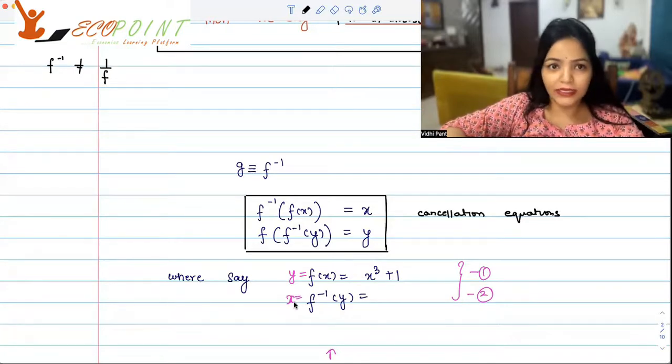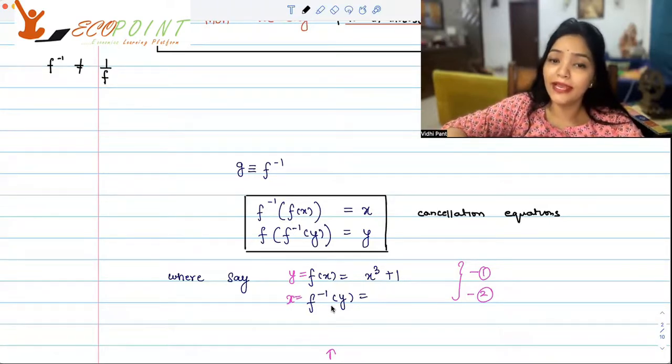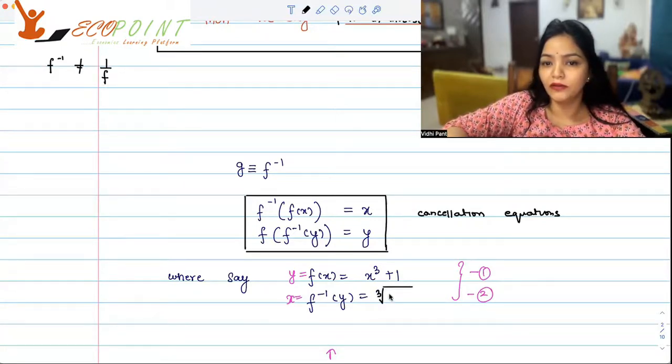So in our example, we had y equals f(x), that is x cube plus 1, that was number 1, and x is equal to f inverse of y, which turned out to be cube root of y minus 1. So that was the inverse function.